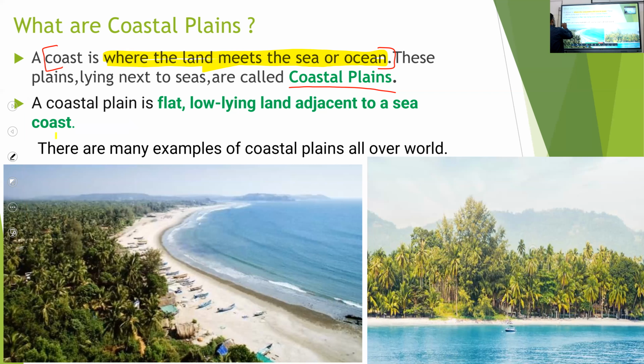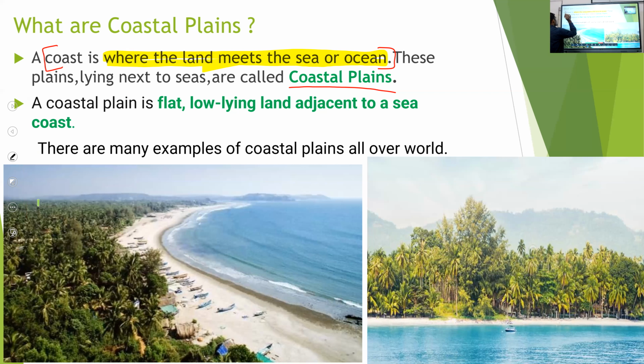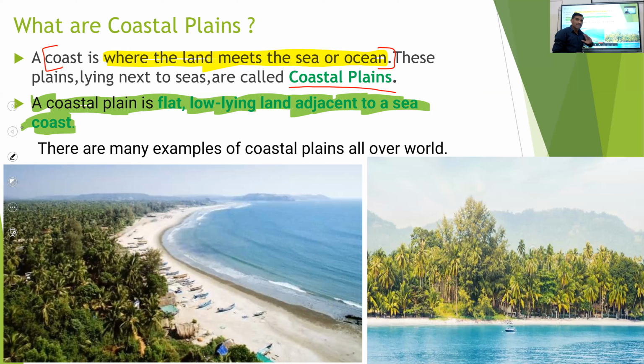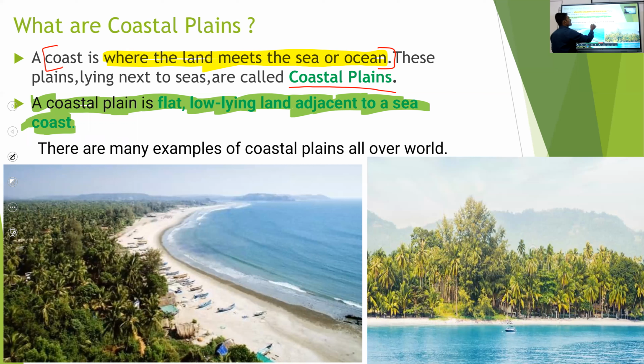So let's see the perfect definition of coastal plains. A coastal plain is a flat, low-lying land adjacent to a sea. Adjacent to a sea, you may be having some flat land like the plains. That particular land will be called the coastal plains.